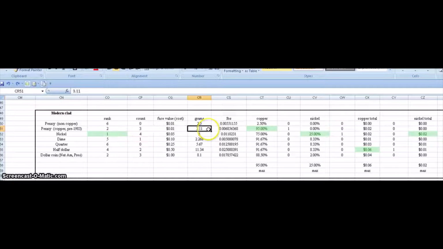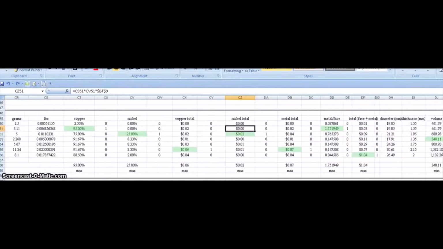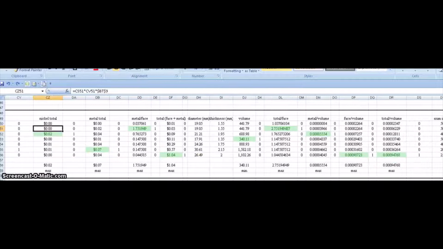It's 3.11 grams, 95% copper, 0% nickel. So I take a copper total, nickel total. From that I get a metal total. Then I take some ratios, metal to face.